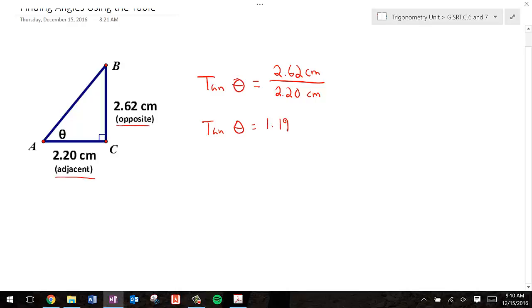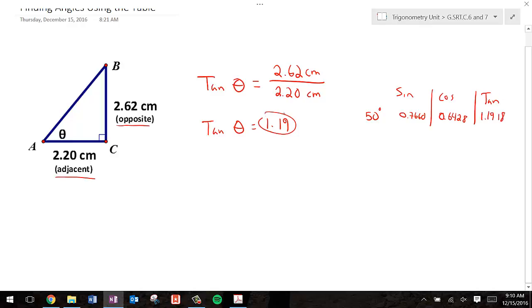If you reference the table that you were given at the beginning of your notes, you could see that at 50 degrees, our sine was equal to 0.7660, our cosine was 0.6428, and our tangent was 1.1918.